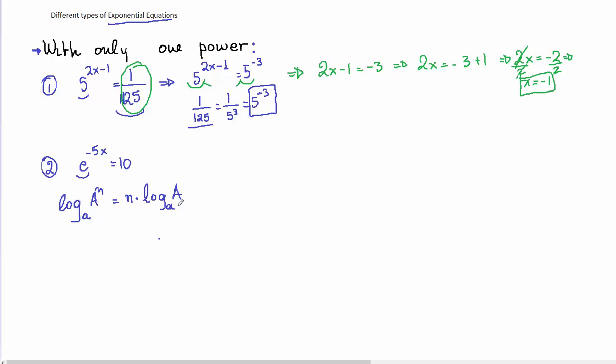So this is the power rule. And this rule basically allows me to bring the n down from the exponent to the first level of the equation.